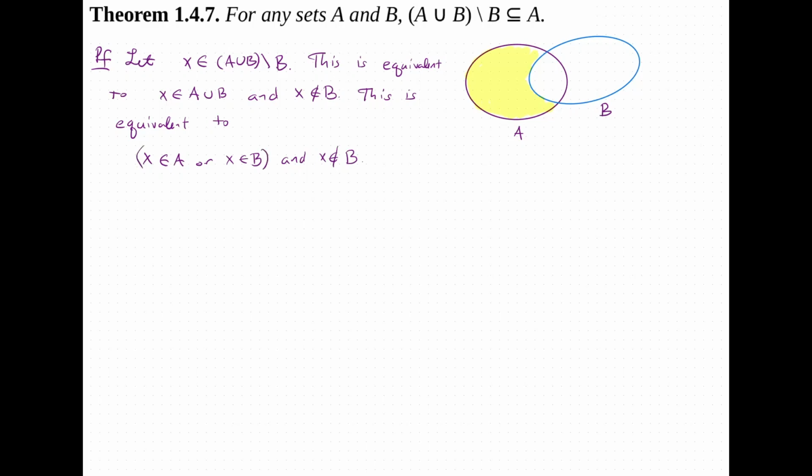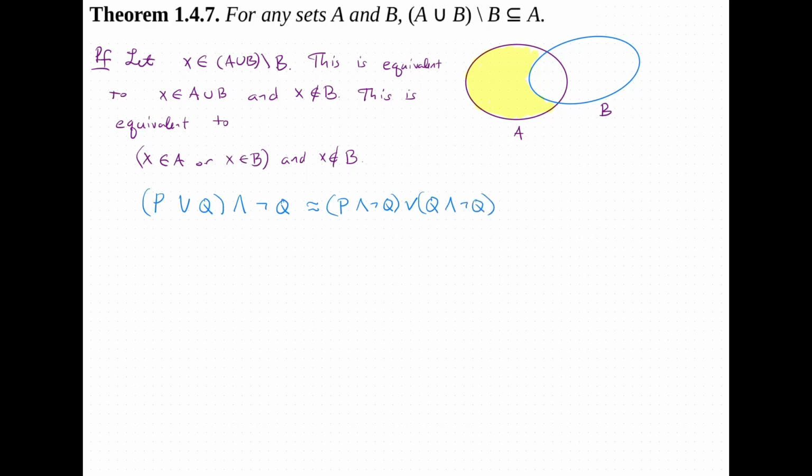And so we have x is in A or x is in B, in parentheses, and x is not in B. But now what we have is a statement of the following form: P or Q, and not Q. But this here, once again by the distributive property, is logically equivalent to (P and not Q) or (Q and not Q).